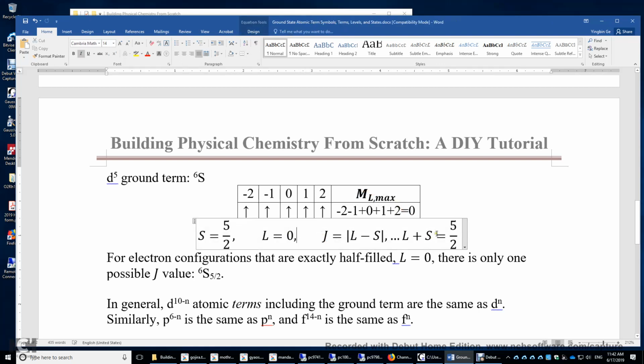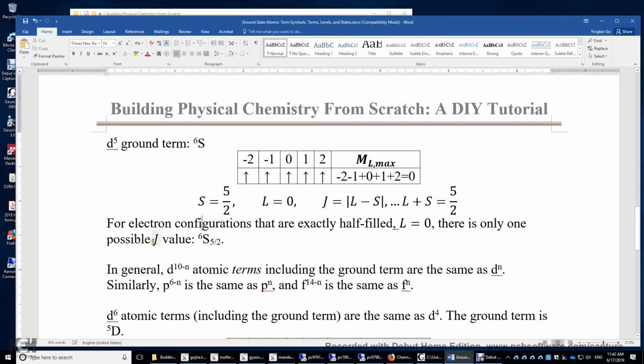J has only one possible value, which is 5/2 because L is 0. Therefore the atomic term is 6S. The level is 6S with 5/2 in the subscript to indicate the J value here.